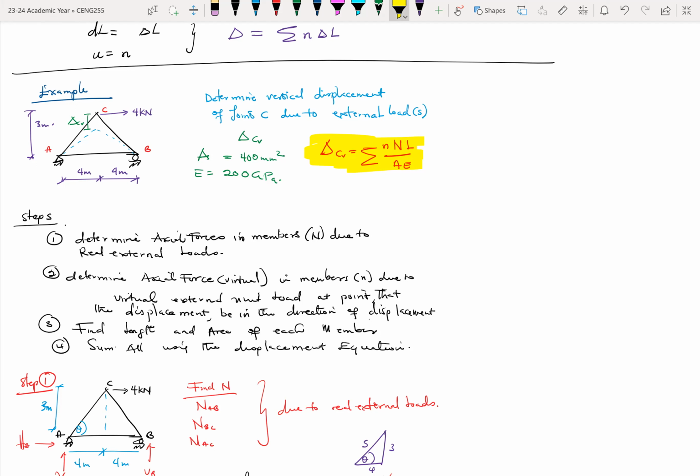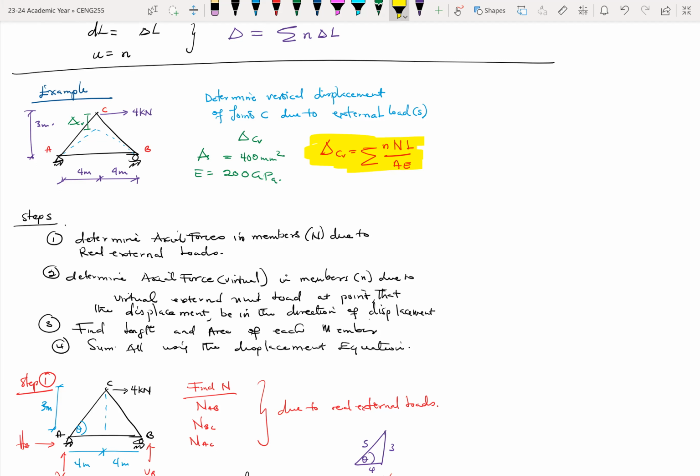So we take the first scenario, or we try to find the capital N, the big letter N, and that is the forces in the members due to the real external loads. All right. So that's typically what you do in basic structures. So with the loads as they are from the problem, you try to find the forces in the members. All right. So the various capital N.